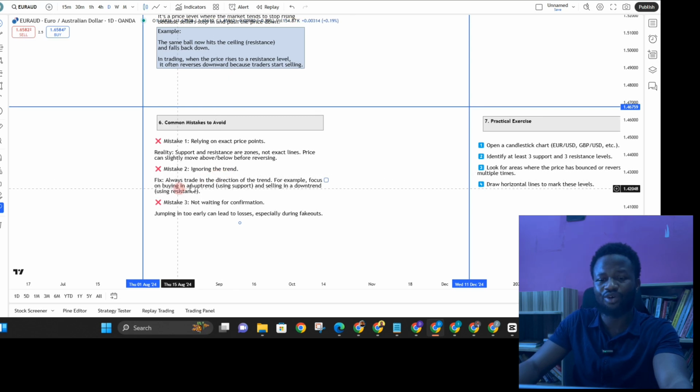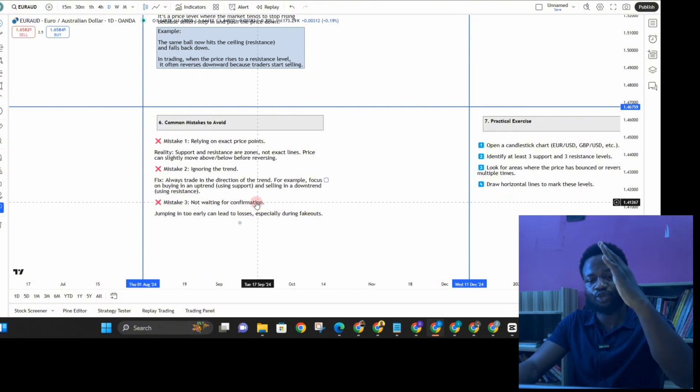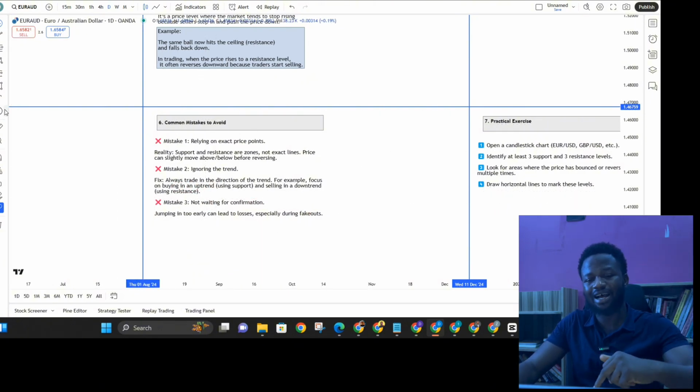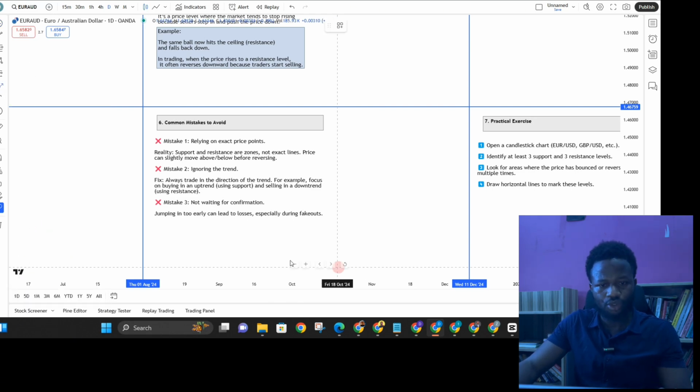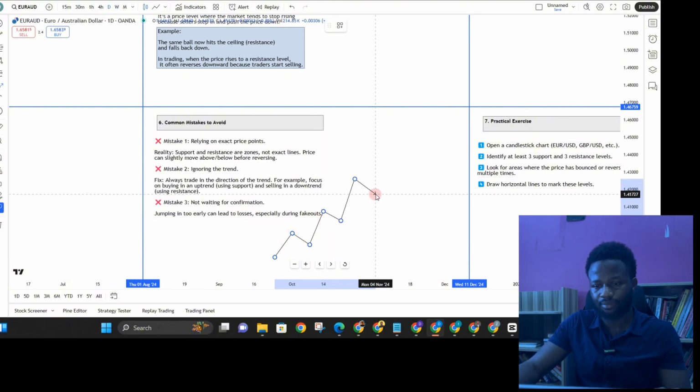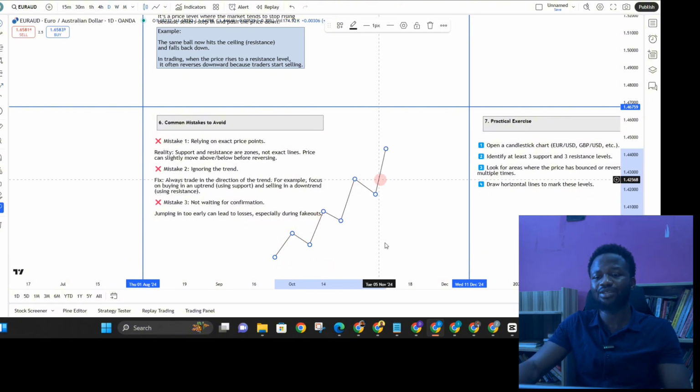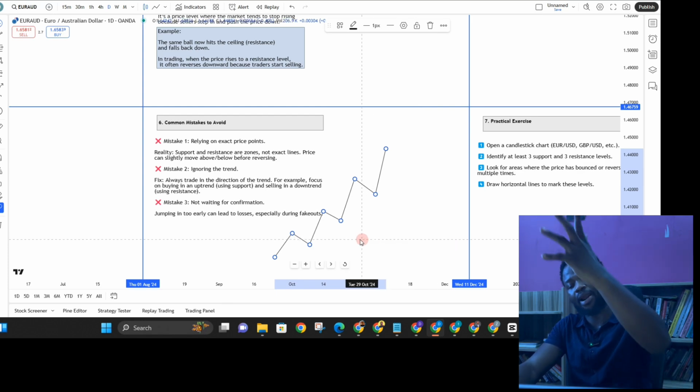Number two is ignoring the trend. Always trade in the direction of the trend. For example, focus on buying in an uptrend using support and selling in a downtrend using resistance. So whenever price is in an uptrend like this, you are seeing the price going up, right?